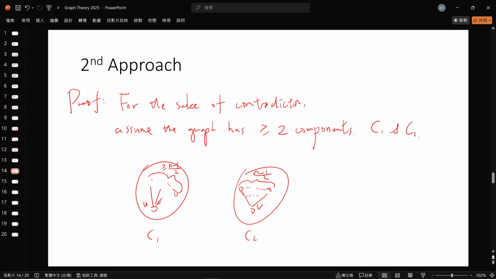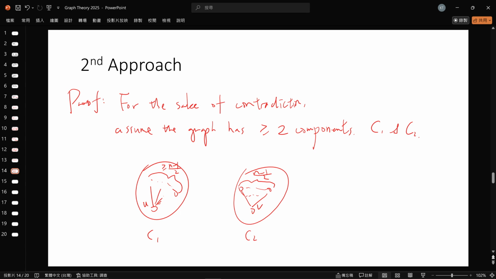Right, so V cannot have any neighbors in C1. Otherwise, these two components will be merged into one larger component, okay? But recall the definition of a component. It is a maximal connected subgraph, okay? So if you have an edge here, then these two can no longer be components. So all the neighbors of V must be within C2. Similarly, all of U's neighbors must be in C1, okay?